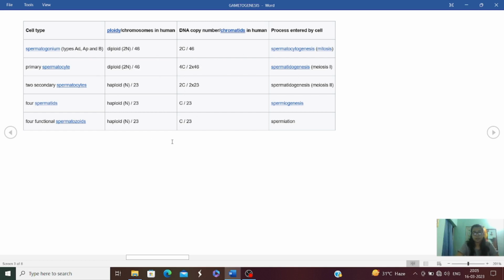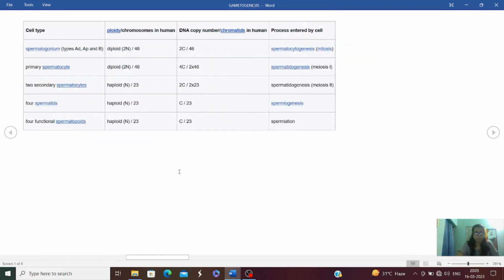The rest is easy to remember. This table is very important, because many questions are asked from it: the number of chromosomes, the number of DNA copies, and the processes. So this table is very important to note down.